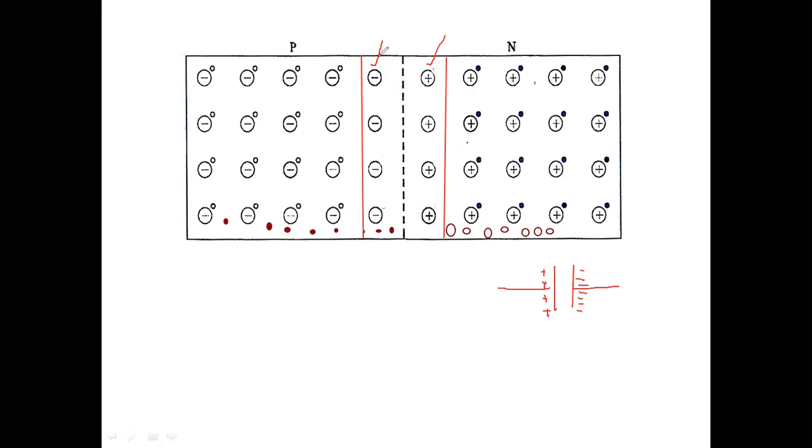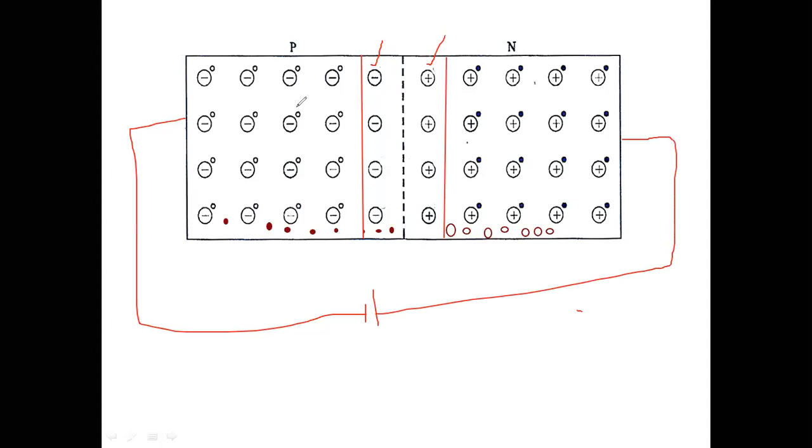If I reverse bias it, what will happen? More holes will move from the P side to the negative terminal of the battery, and more electrons will move from the N side to the positive terminal of the battery. So the depletion region width increases. Why?